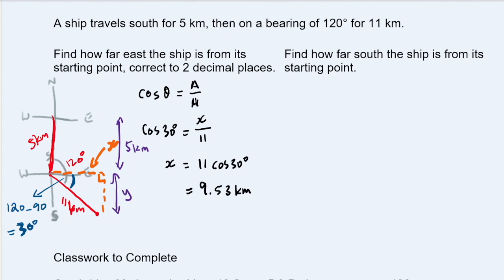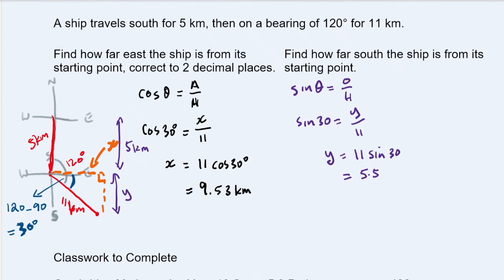So now we're going to use sine. So it's going to be sine of theta equals opposite over hypotenuse. Sine of 30 degrees is going to be y over 11. So y is going to be 11 sine 30. We whack that into our calculator and we're going to get 5.5.